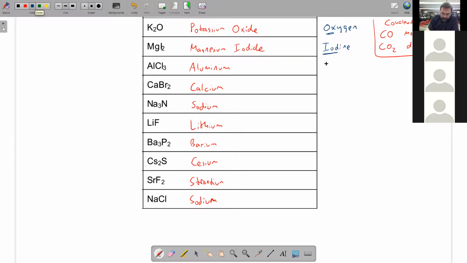For chlorine, you're going to see a pattern form here. For chlorine, the chlor is preserved. You put the ide at the end. For bromine, there's this brom, B-R-O-M, and that's preserved, and you add the ide to that.